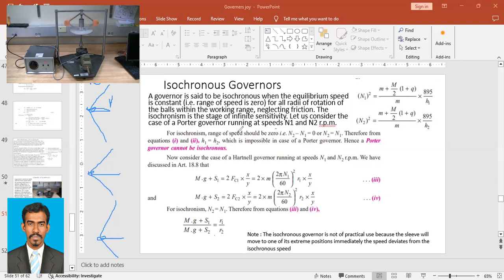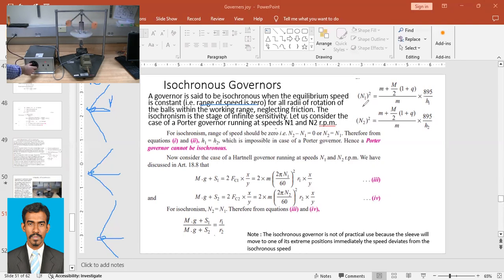For isochronism, range of speed should be 0, which means n2 minus n1 should be 0.